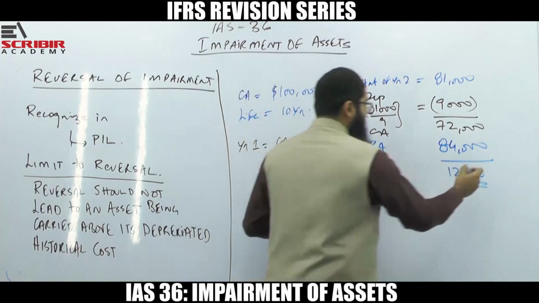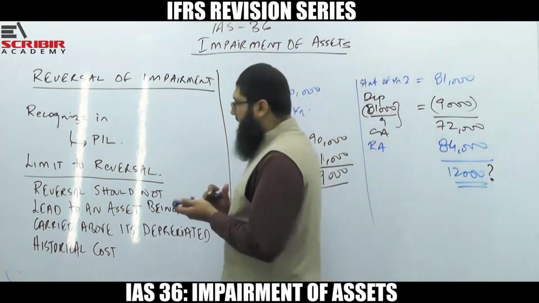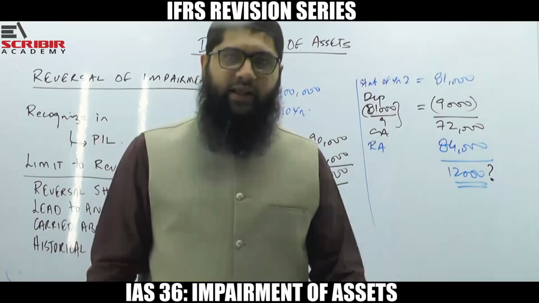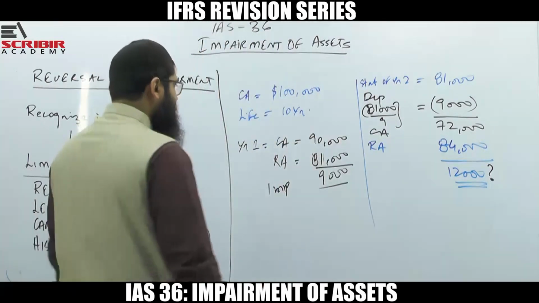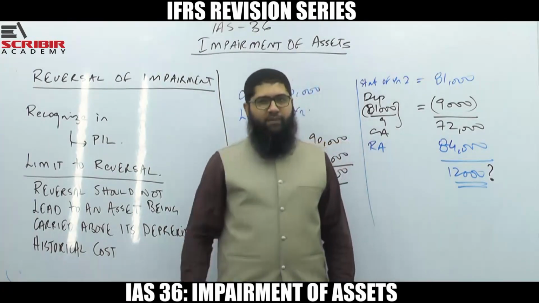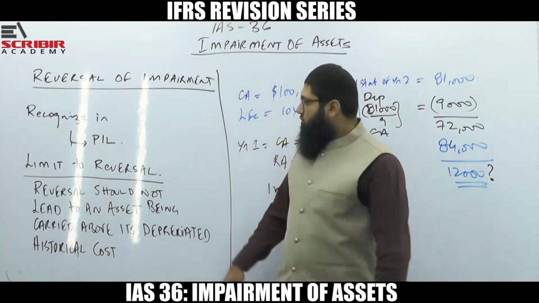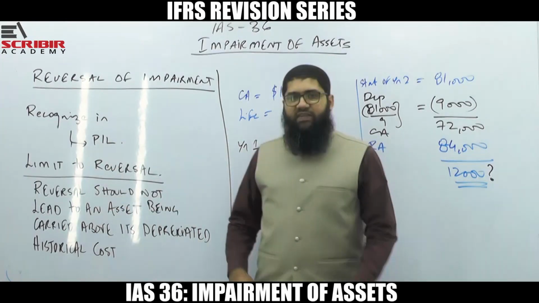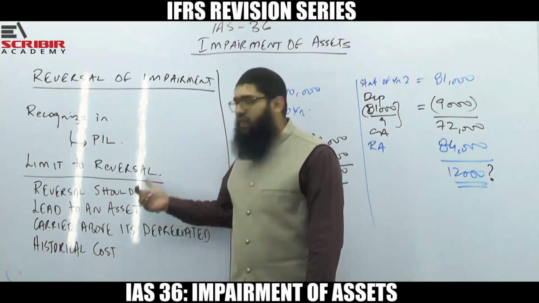The question that arises is, how exactly are we going to recognize it? So what does IAS 36 tell you? IAS 36 says that whatever the reversal of impairment loss that arises, you have to make sure you recognize it in the profit and loss account. Now, is there a limit to the reversal that can be recognized?